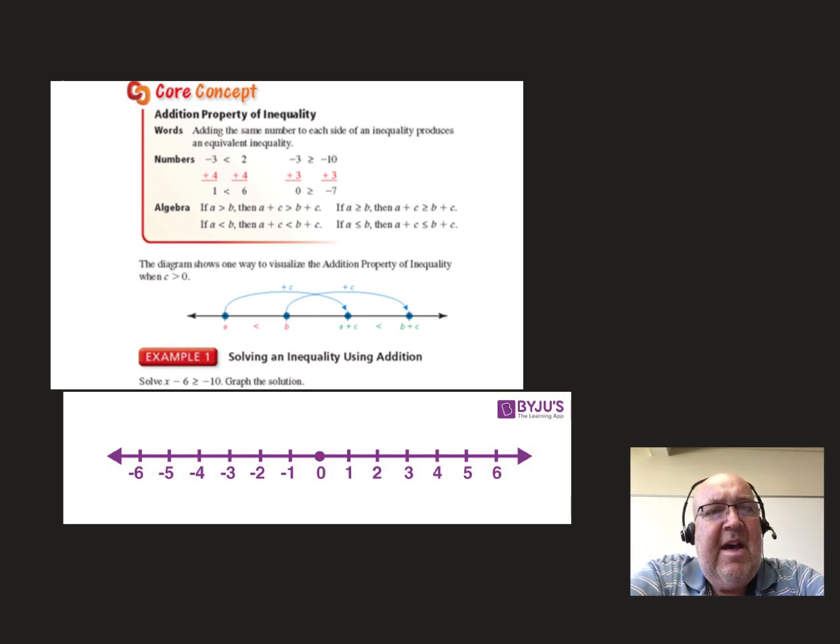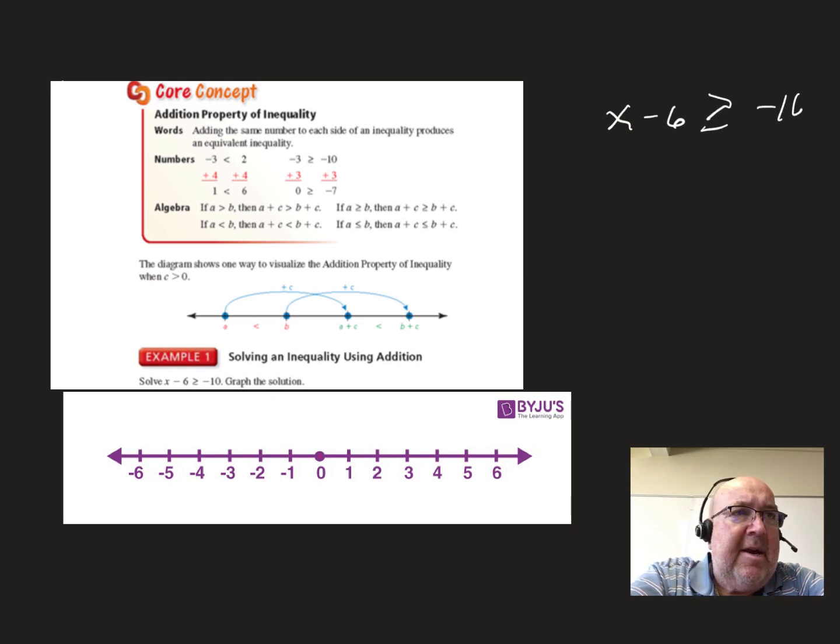So here I have, for example number 1, a problem: x minus 6 is greater than or equal to negative 10. So again, I can do that same thing I did with equals.